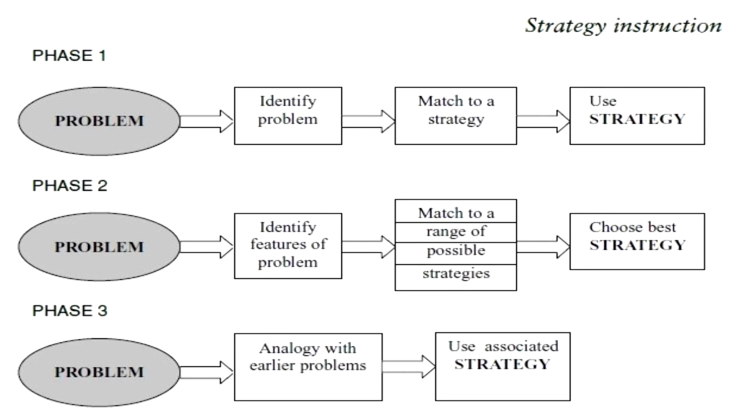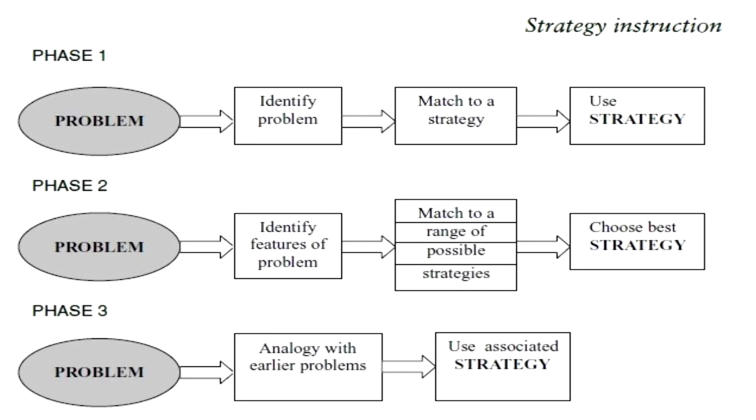Basically, in the first one, the learner makes simple one-to-one matches between problems and solutions. In phase number 2, we have: identify features of the problem, match to a range of possible strategies, and choose the best strategy. So, in the second, she or he recognizes the characteristics that link certain problems and the fact that certain solutions represent alternative ways of handling the same problem.